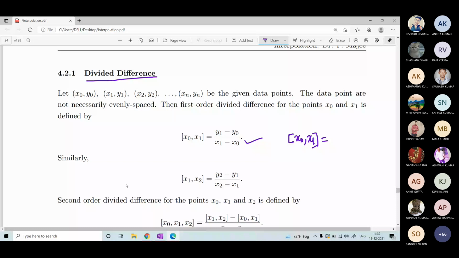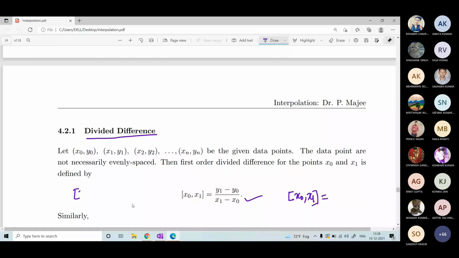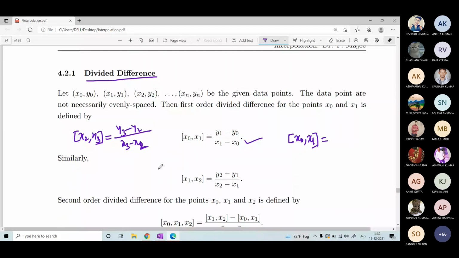Let me hide this part and tell me: what is the divided difference of x2, x3 by definition? y3 minus y2 upon x3 minus x2. So that is the divided difference. These are called first order divided differences.